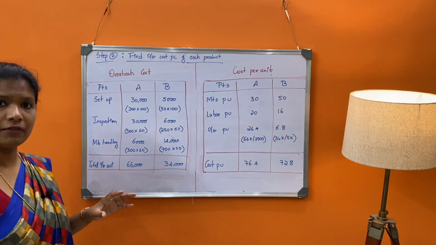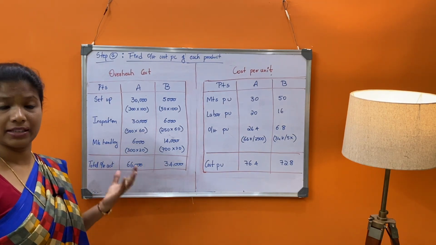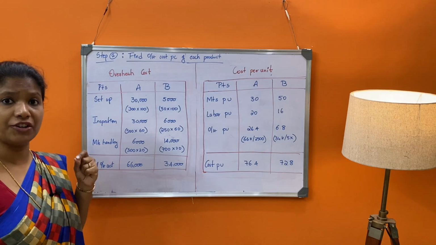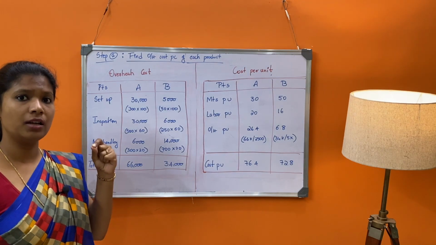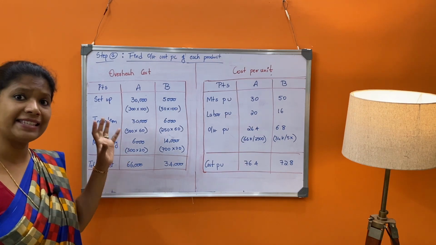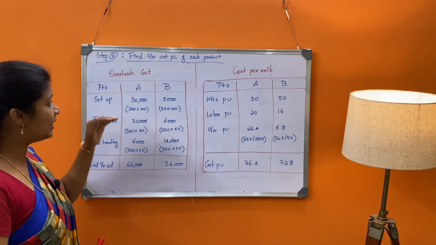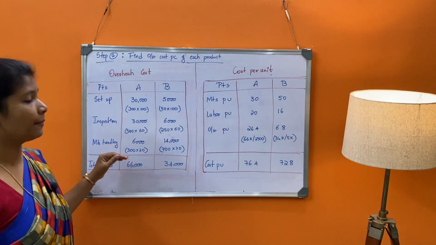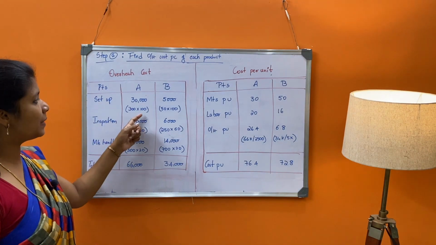In step number 1 we found those overhead rates per activity. Now we are going to apply the step number 1 rates to these particular products. The setup rate was rupees 100.